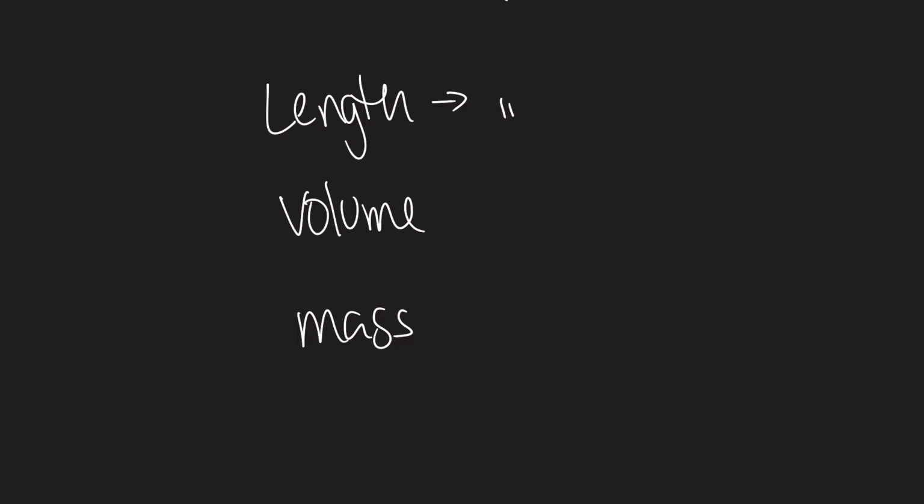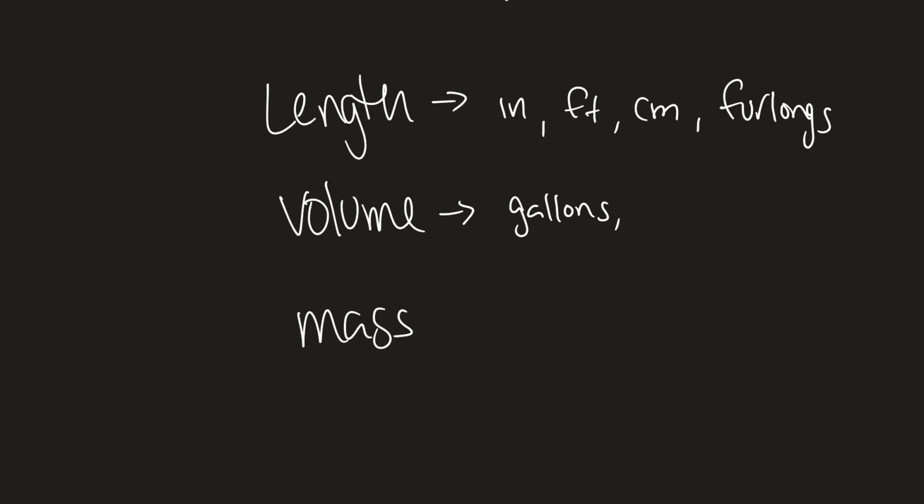For length, we have inches, feet, centimeters, furlongs. For volume, we have gallons, centimeters cubed, liters. For mass, grams, pounds. All these are units to describe these physical quantities that we tend to measure.